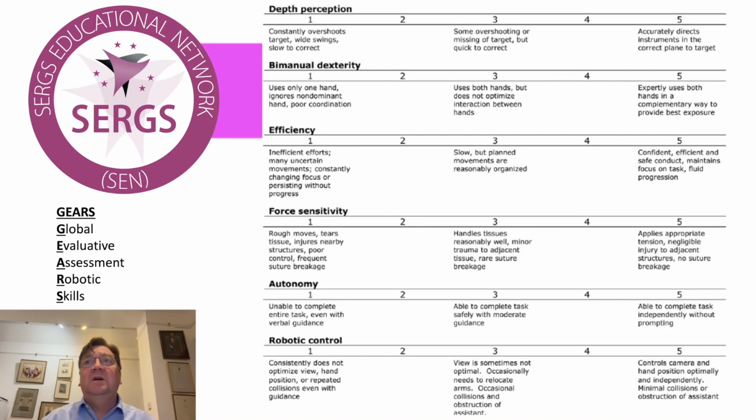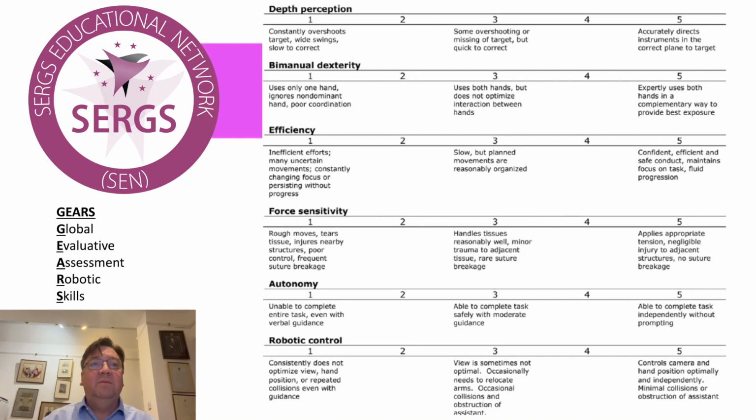Efficiency, ranging from inefficient efforts to confident and efficient safe conduct, maintaining focus on the task and fluid progression. Force sensitivity, ranging from rough moves, tears, tissue injuries, nearby structures, poor control, frequent structure breakages or suture breakages, to applying correct tension, negligible injury to adjacent structures and no suture breakages.